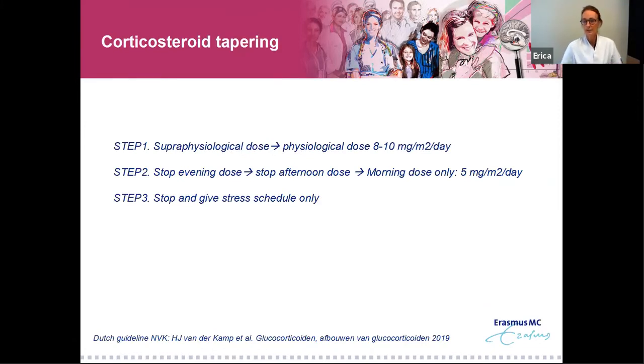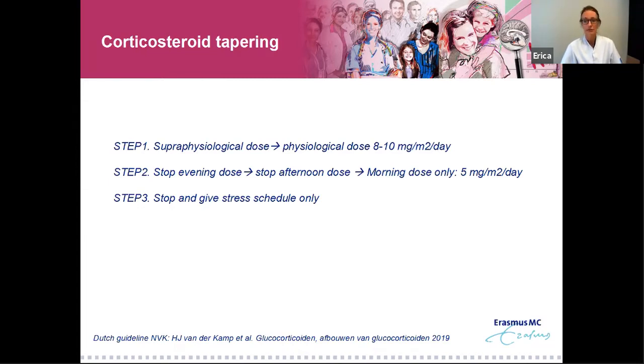So before you start testing, first you should say, okay, this patient has been on a supraphysiological dose. How do I get to a normal situation? Well, very helpful in this is the Dutch guideline, which was published quite recently.